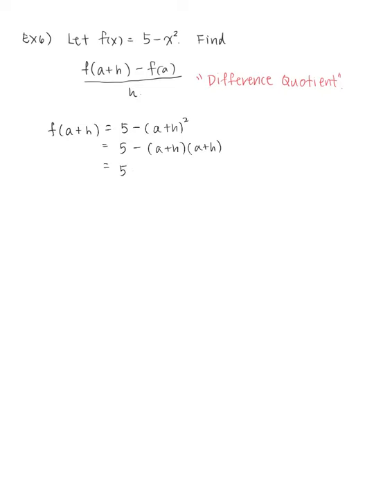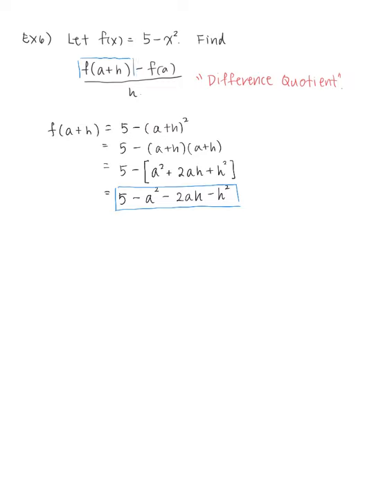So this is 5 minus, don't forget the parentheses or bracket when you FOIL. So you're going to have a squared plus ah plus ha, so that's the same thing as 2ah plus h squared. Okay, so this is 5. I'm going to distribute the minus sign to each term in the bracket. So my minus a squared minus 2ah minus h squared. All right, so this is one piece. This is our f of a plus h.